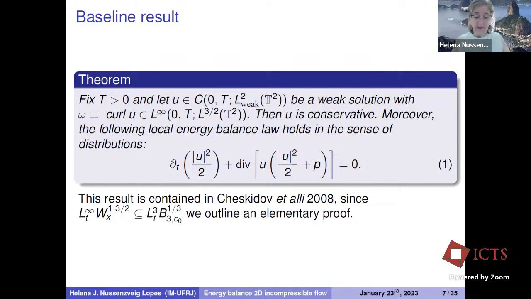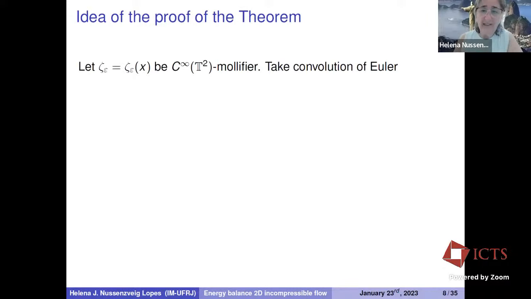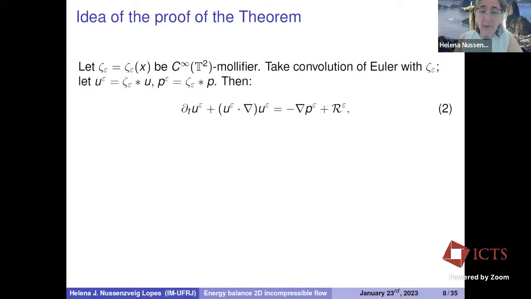Still, it's going to be very illustrative to outline an elementary proof. Here's the idea of the proof. I take a mollifier, I take the convolution of the Euler equations with the mollifier, and I write U epsilon to be the smoothed out velocity, P epsilon to be the smoothed out pressure. This smoothing out is kind of like a low pass filter.